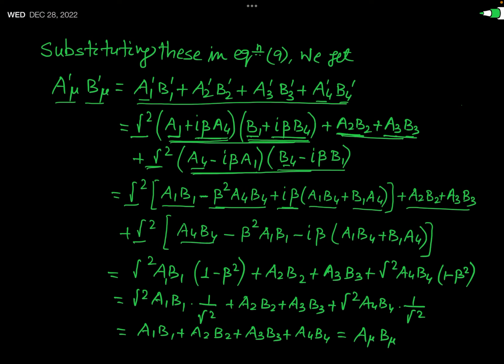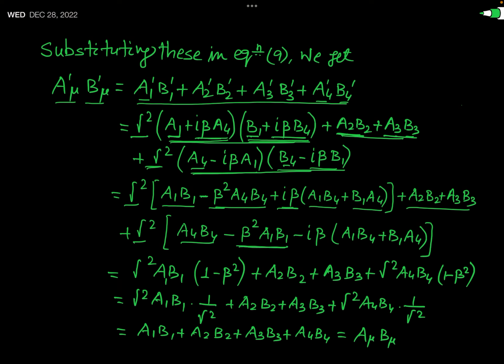Again, you will take the product of minus iβA1 and minus iβB1. Minus minus will be plus. i square will be again minus. And this is beta square A1 B1. So beta square A1 B1.